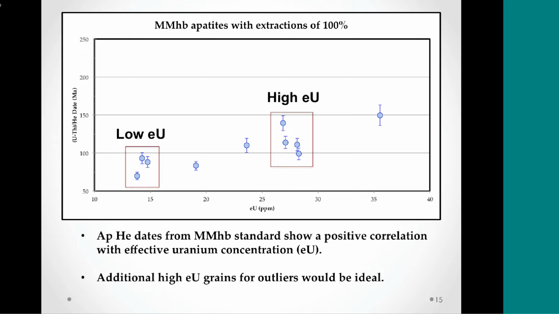A lower amount of EU, effective uranium, correlates to younger ages, and older ages correlate to a higher amount of EU. That relationship is linear, and we'd like to get more data to fill it in, but we're seeing a correlation between the two, so it's quite interesting.